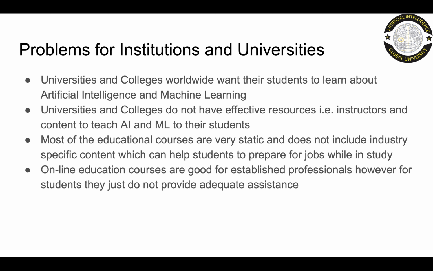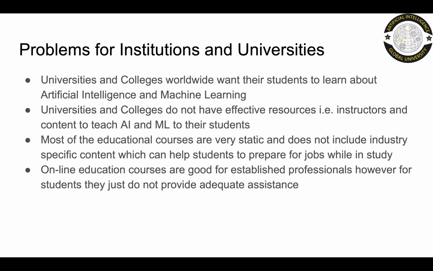So why did we found AIGU? If you look at institutions and universities all over the world, besides developed countries, most underdeveloped or developing countries want to teach their students AI and machine learning courses and concepts, but they do not have adequate staff, instructors, or the medium to teach them.